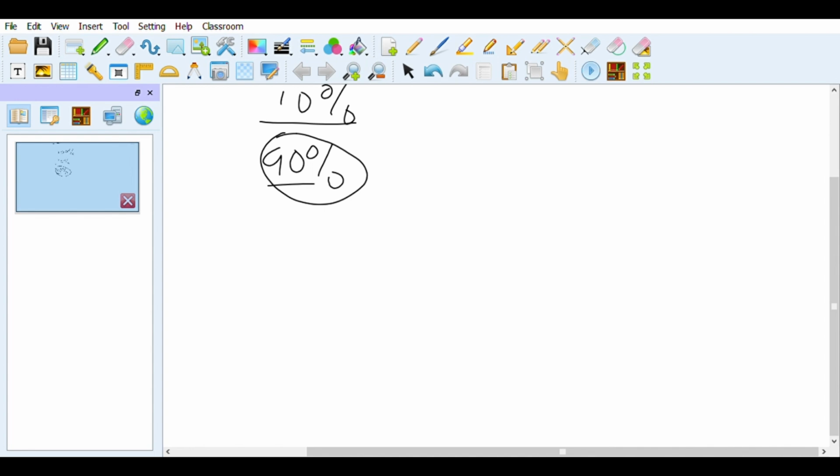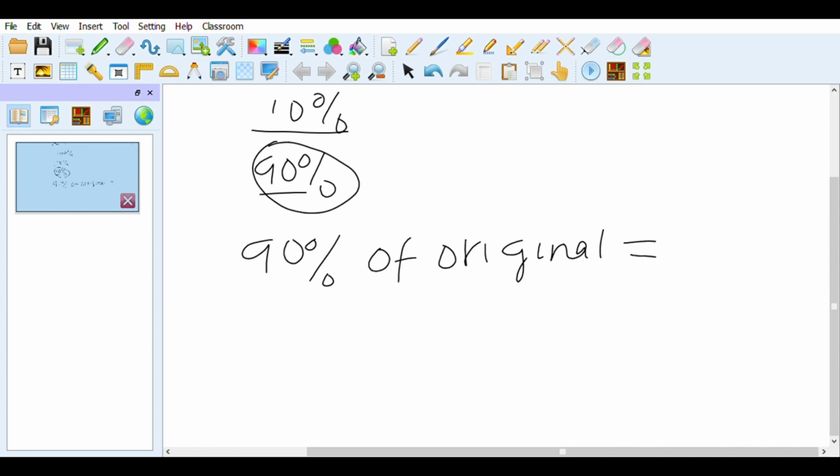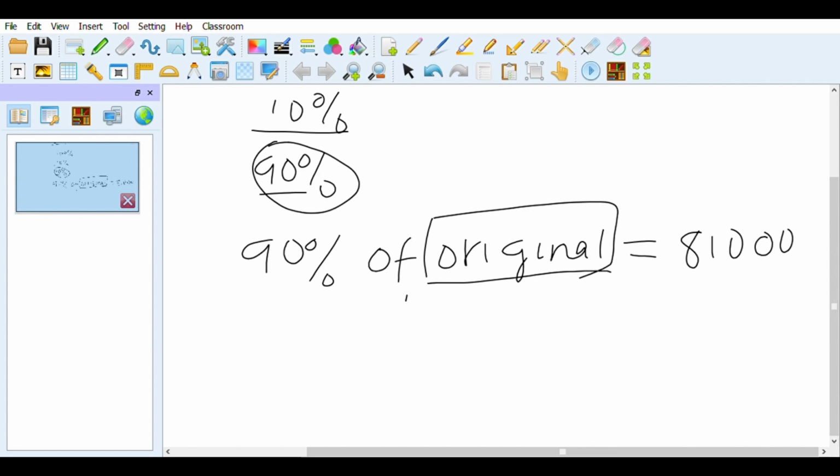So 90% of that original price is what gives us 81,000. Assuming we know the original price, 90% of that original price is what gives us 81,000.